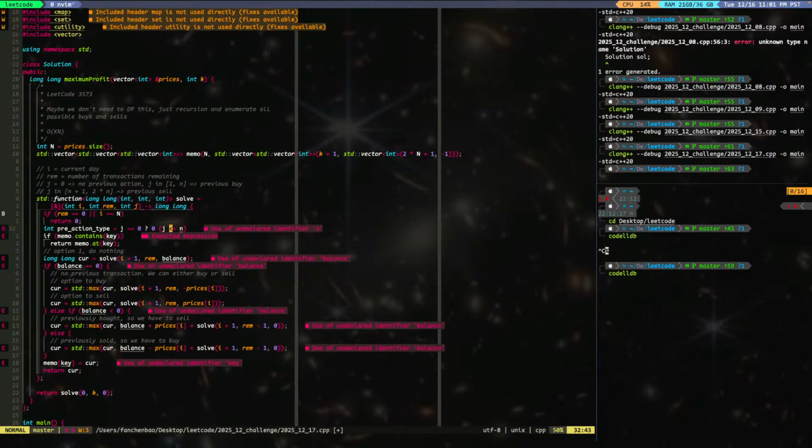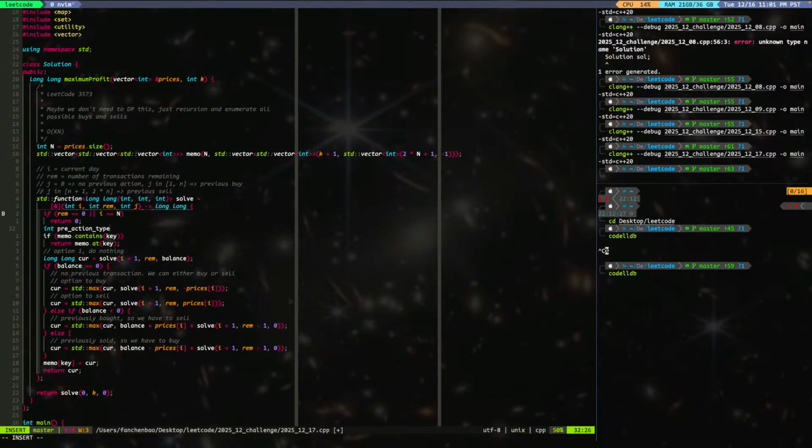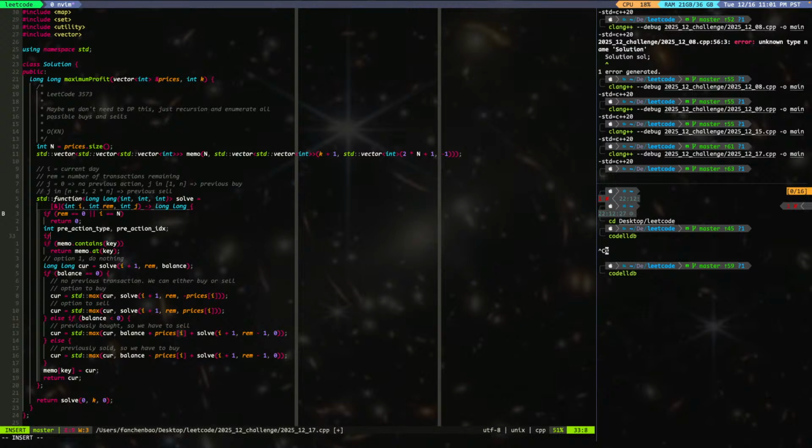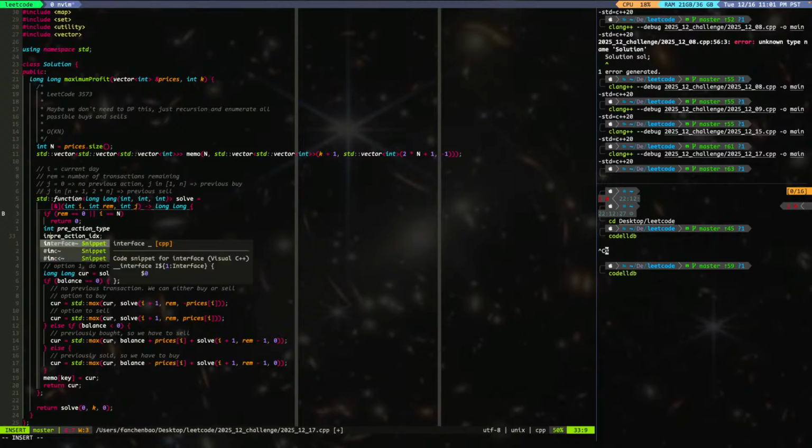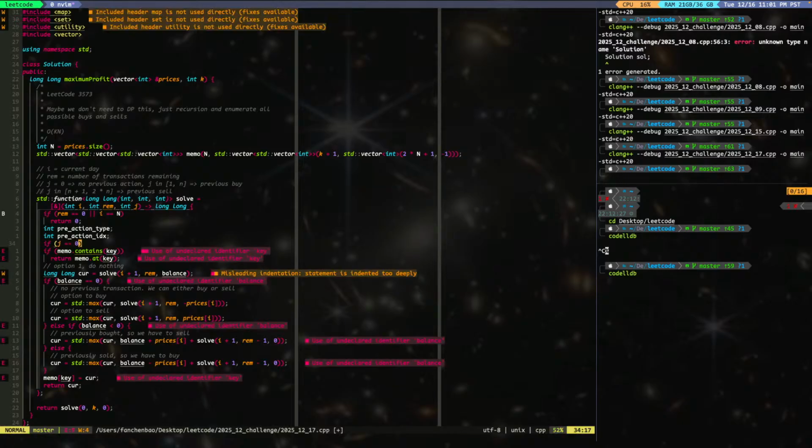Okay, I have two things. I need a previous type and previous action index. So we say if J is equal to 0, but these start with 0 anyway, right? So it doesn't really matter.